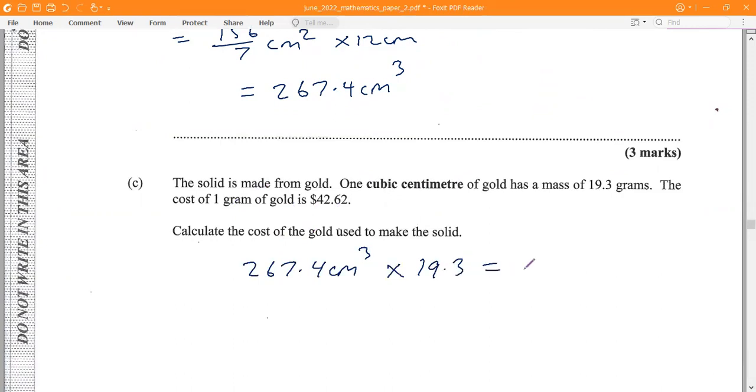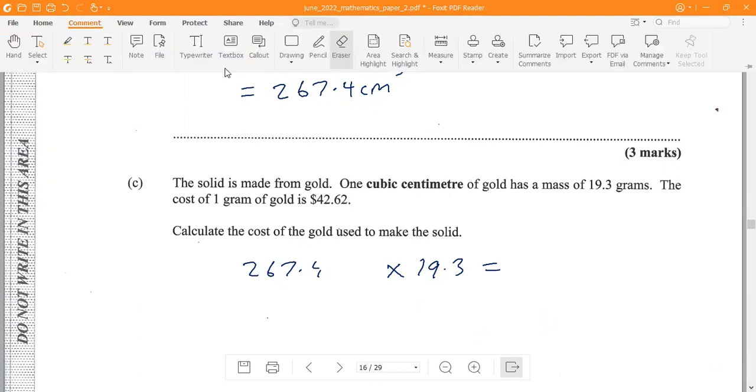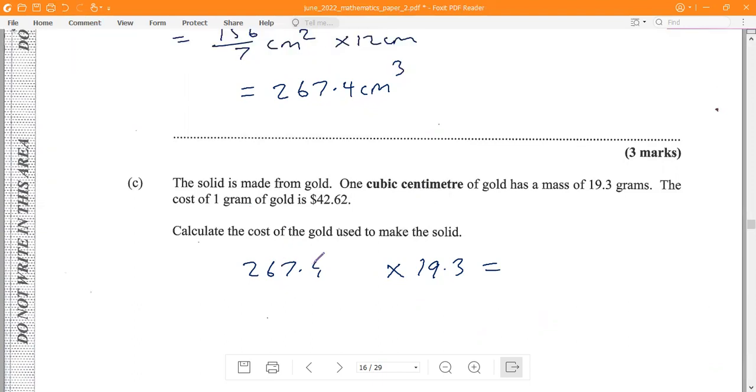So we are going with 267.4 times 19.3, which will give us the mass of our solid: 5,160.82 grams.